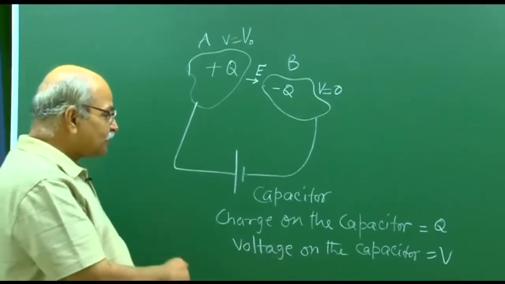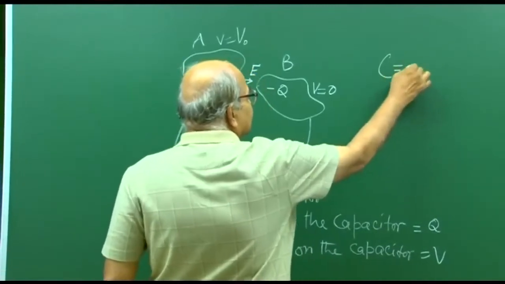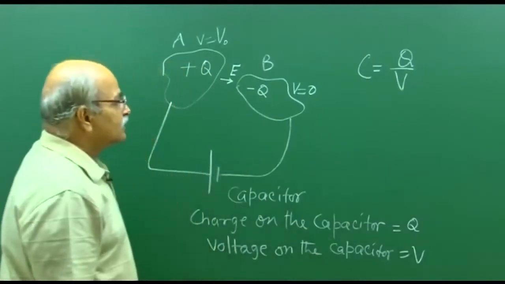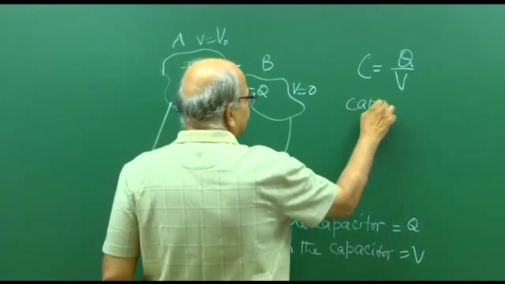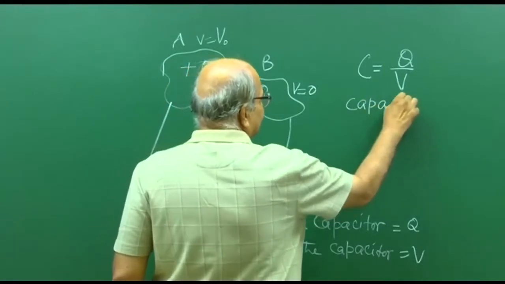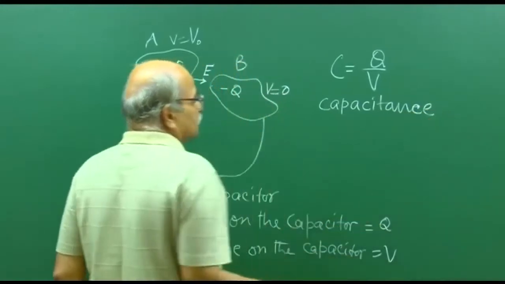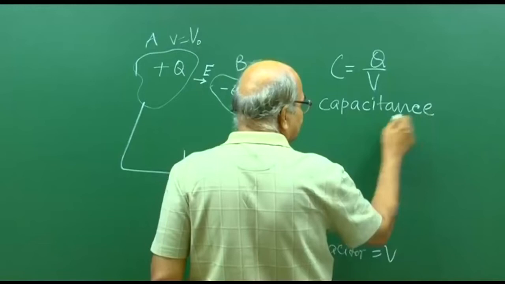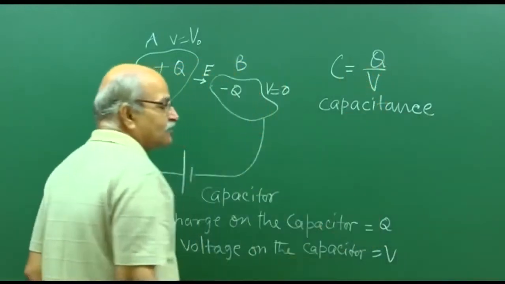And the ratio C, which is this Q divided by V, is known as capacitance, and this is the quantity which is used in all circuit analysis. So capacitance, typically written as C, is Q divided by V.